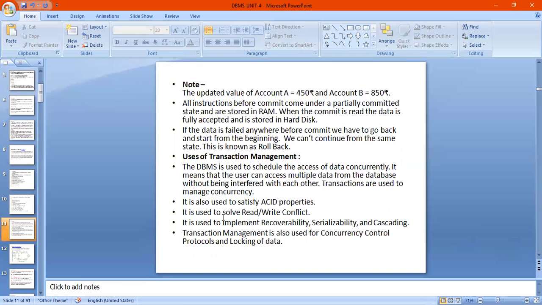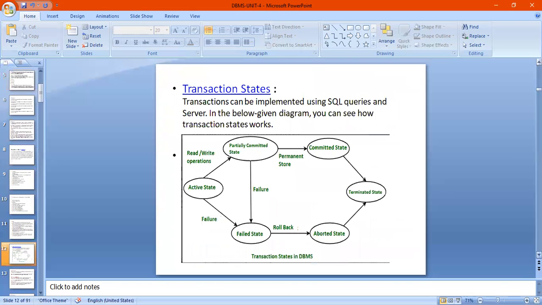It is used to solve read-write conflict. It is used to implement recoverability, serializability, and cascading. Transaction management is also used for concurrency control protocols and locking the data.